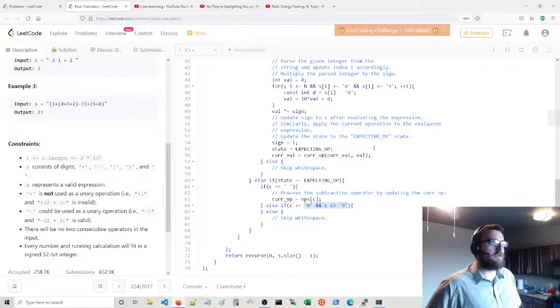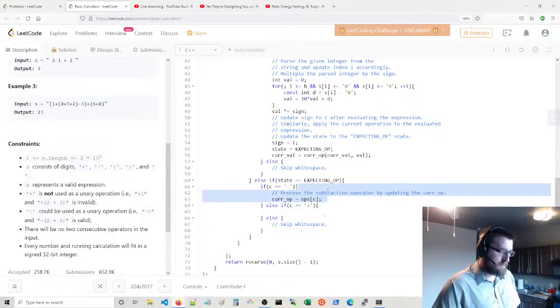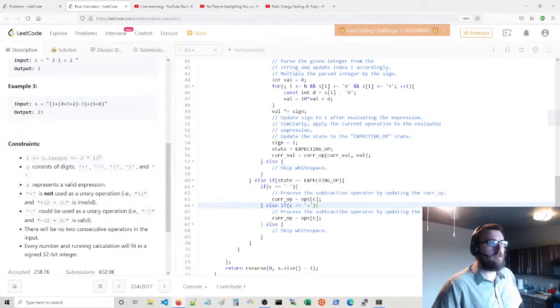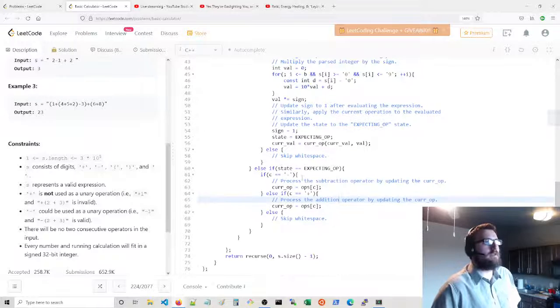And the other situation is if you're a plus sign, same deal. So I think it's the addition operator. I think that's all you need to do.